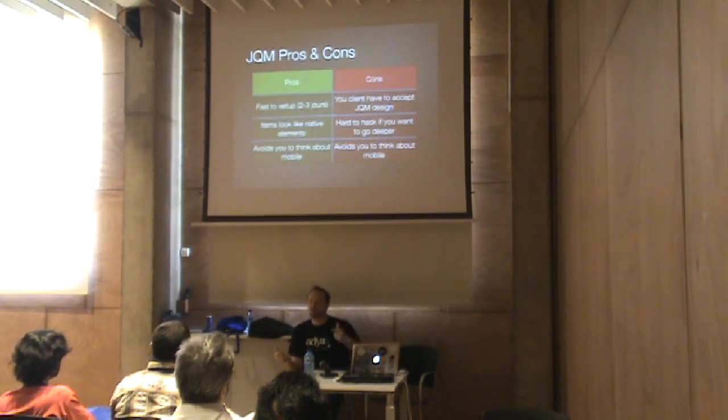If you enable jQuery Mobile, even if your website is very big, you can set it up in a couple of days, and items look like native elements, so it's good for your users. They are used to using their iPhone, so they will not be surprised using your website. And it saves you from having to think about mobile. So you enable the theme, okay, it works.